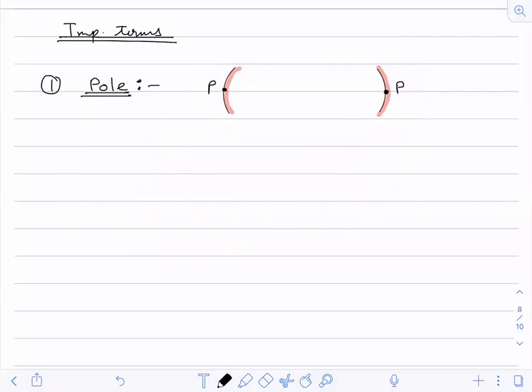Now, the next point is center of curvature.